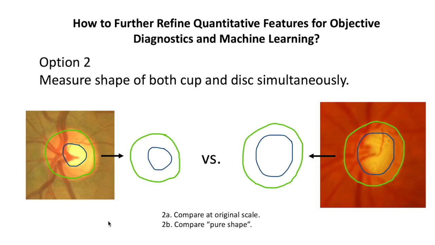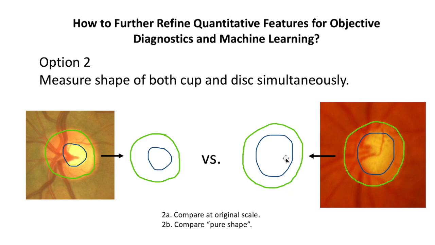The second option, which I think is a very promising one, would be to measure simultaneously both the shape of the cup and the optic disc. Quite a few studies have pointed out that shape indices based on the distance between the edge of the optic cup and the optic disc were effective at quantitatively stratifying healthy versus glaucoma and stratifying different stages of glaucoma.